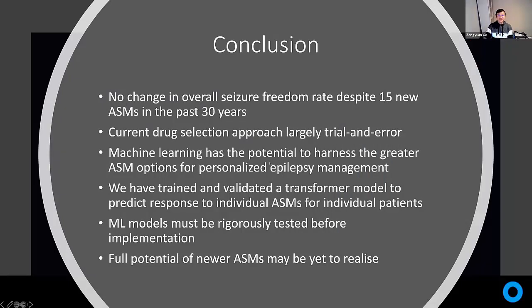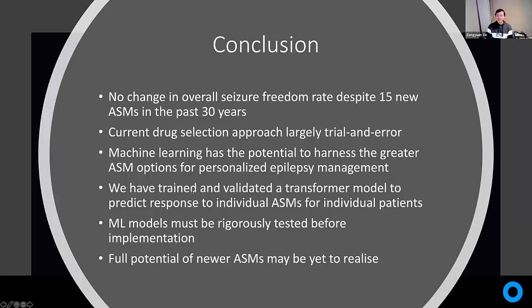So for some conclusions, some summary points, I think many come from my collaborator, Patrick. The first point is no change in overall seizure freedom rate despite 15 new ASMs in the past 30 years. So the current drug selection approach largely relies on trial and error. Machine learning has the potential to harness the great ASM options for personalized epilepsy management.